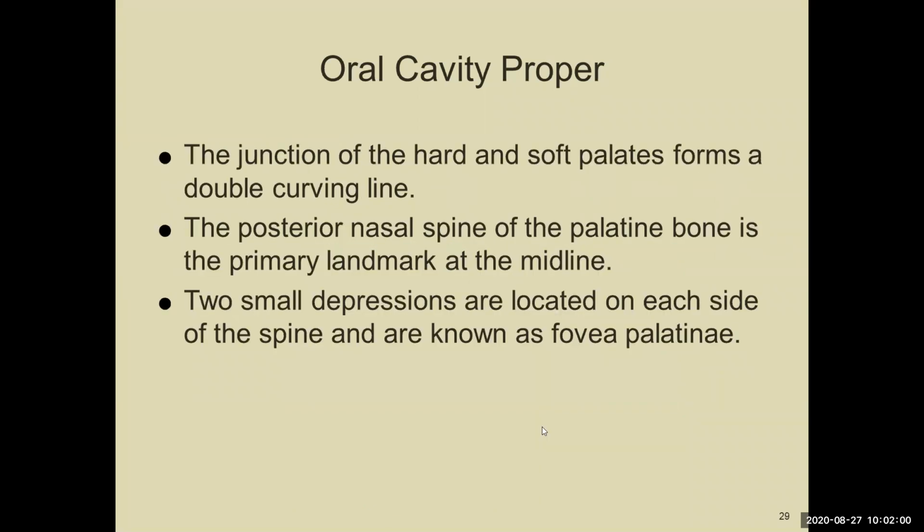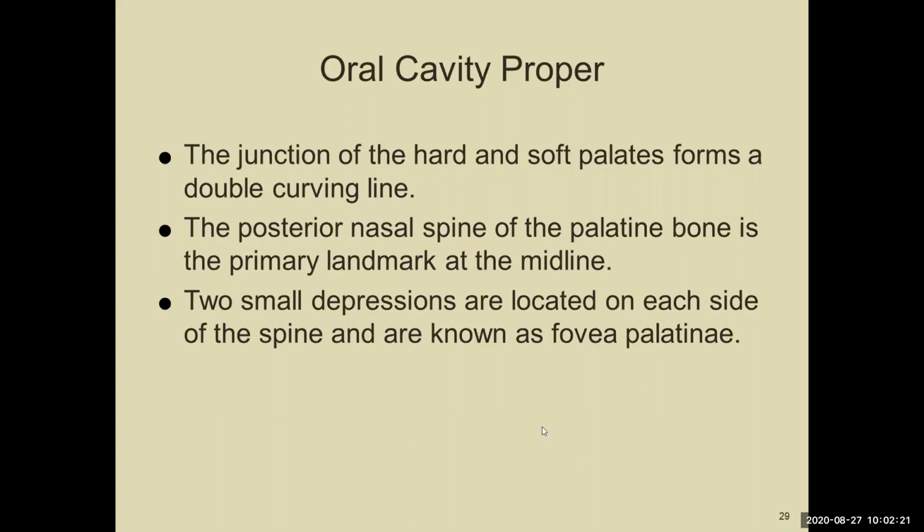The junction of the hard and soft palate forms a double curving line. Everything's got a junction where something ends and something begins. You've got the posterior of something and an anterior of something else. The posterior nasal spine of the palatine bone is the primary landmark at the midline.